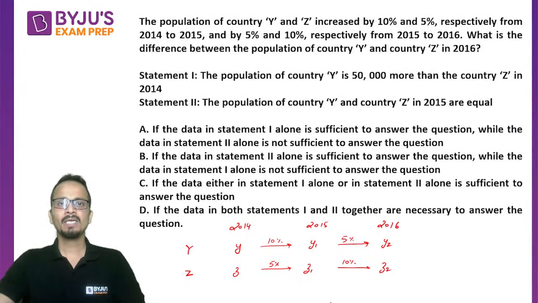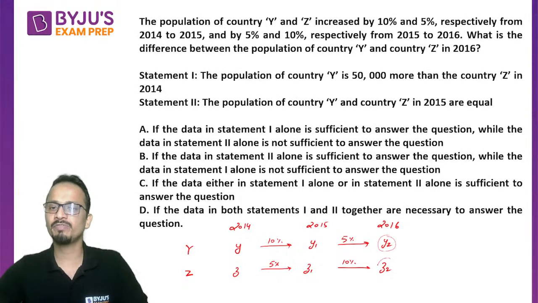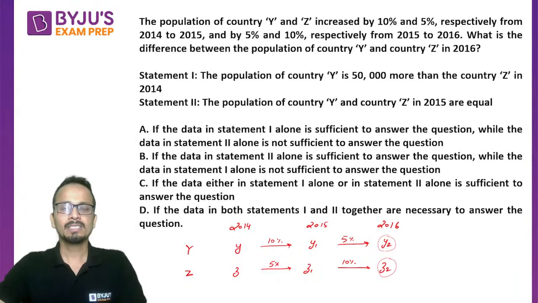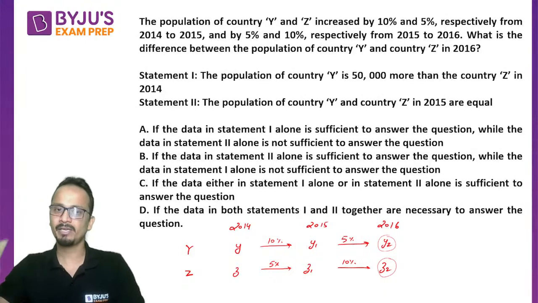Okay. Now the question is, what is the difference between the population of country Y and Z in 2016? So we have to determine the difference between these two. Statement 1, I'll read it later. Let's discuss what has happened here.